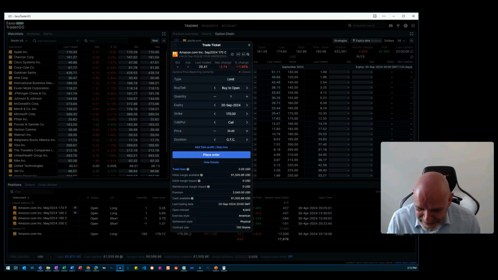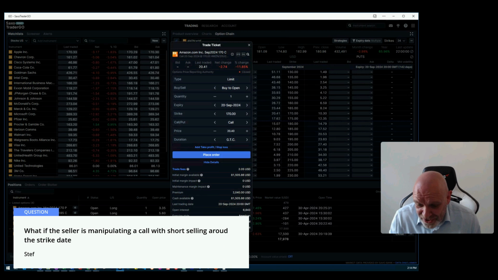What if the seller is manipulating a call with short selling around the strike date? Definitely possible, but again, it depends on the underlying.